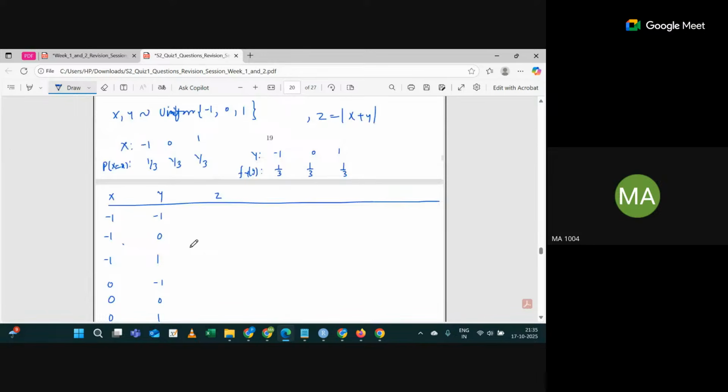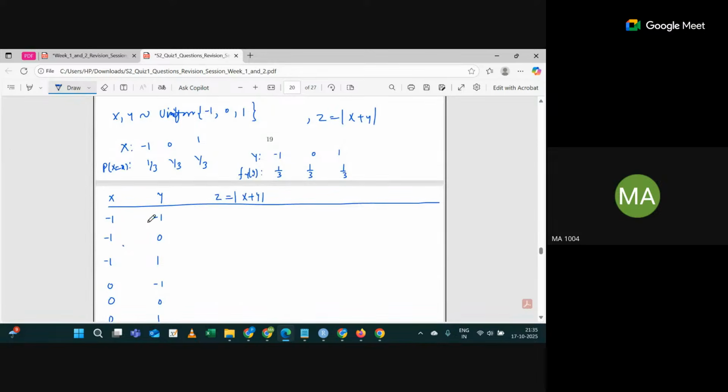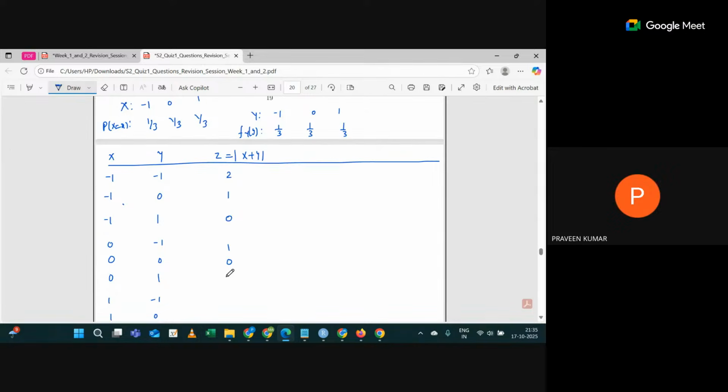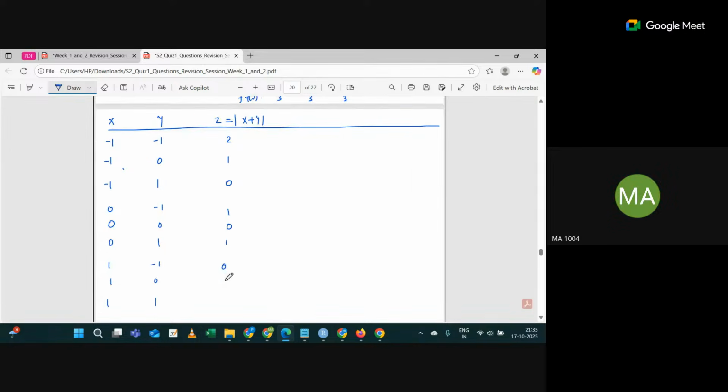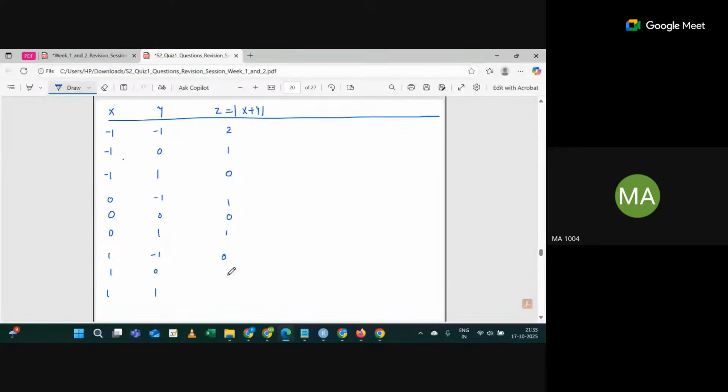So what is Z equal to, the mod of X plus Y? This will be 2, then 1, then 0, 1, 0, 1, 0, 1, and 2.